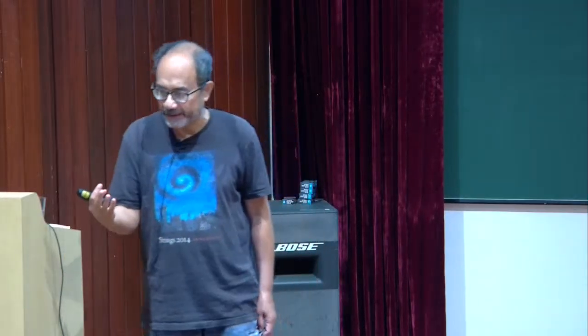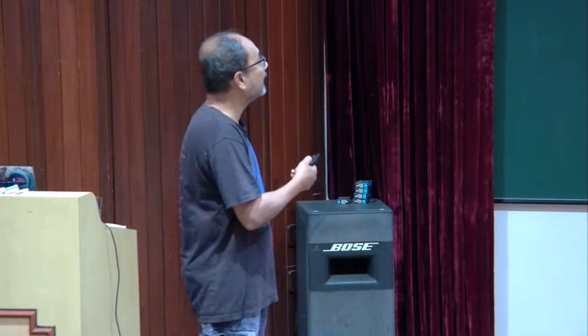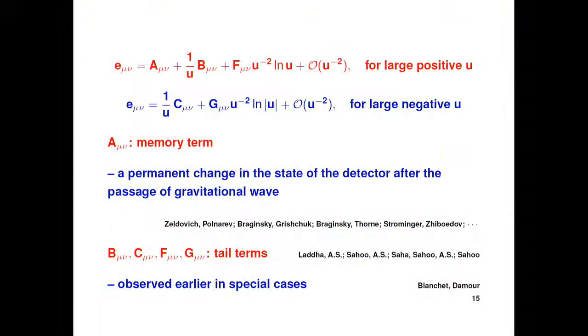So I have chosen my coordinates in such a way that before the gravitational wave has reached the detector, I have declared the gravitational field to be 0. Otherwise, I could have chosen another coordinate system in which it is non-zero, but that's not something you can observe. It's a change in E mu nu that is relevant. So the memory term really is a difference between the constant coefficient in the far future and the constant coefficient in the far past.